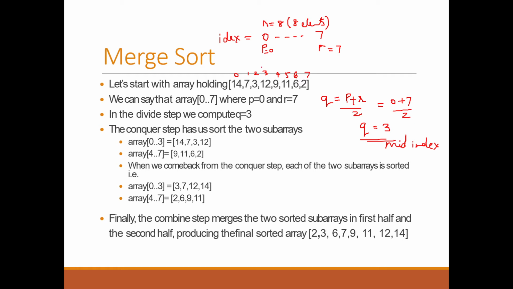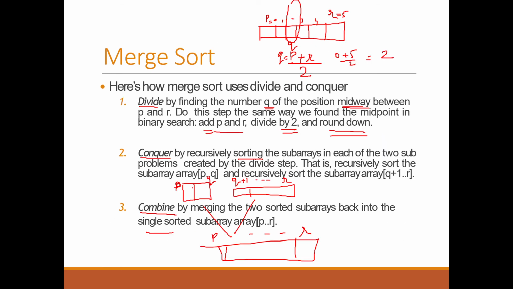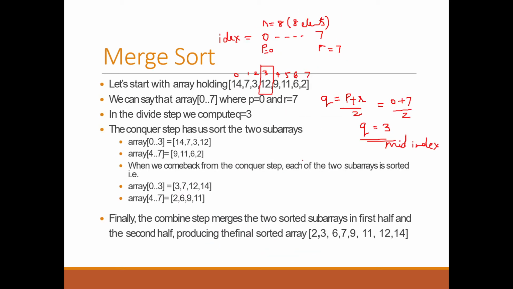At this index 3, you are going to break the array. If you see here, we go from P and include the Q element in the first sub array itself. So we know that this is my breakpoint, and you have to create two sub arrays.